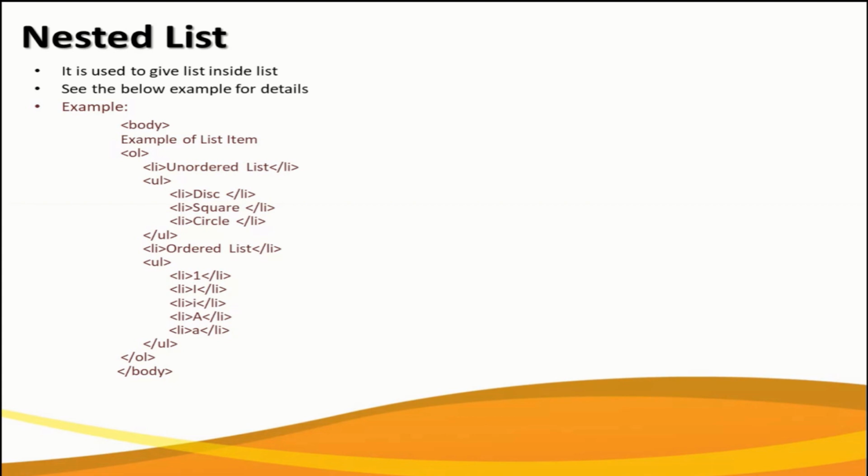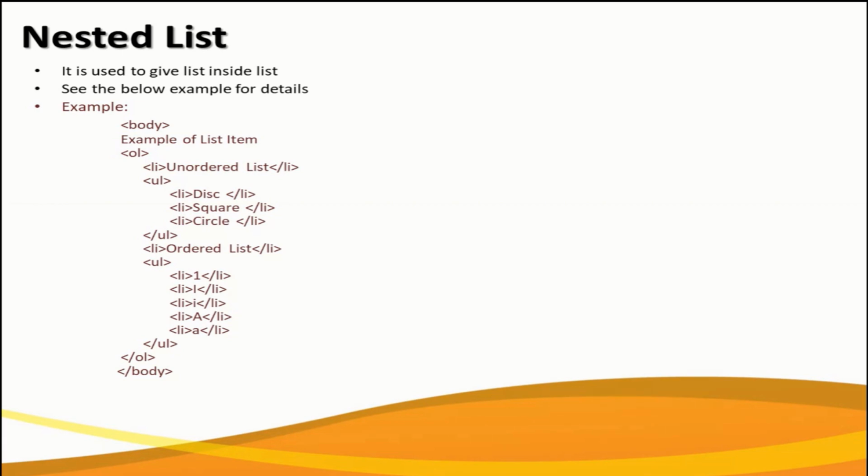And within that, the content of the element is an unordered list. Next, we define an unordered list, that is ul, under the list item. And disc, square, circle as list items are written here under the ul tag, and we close the ul tag.